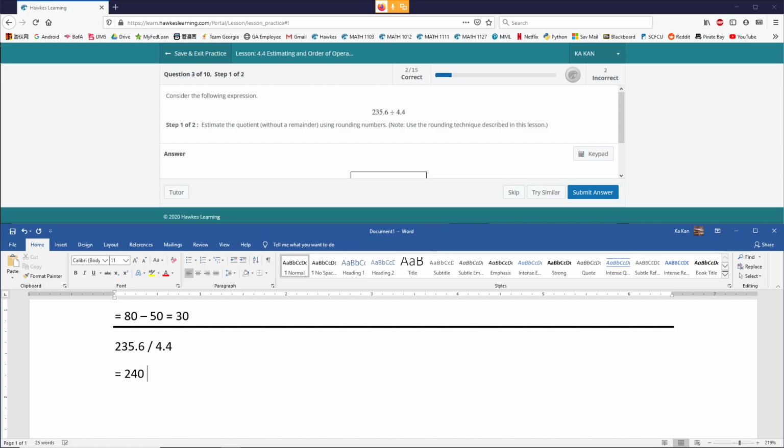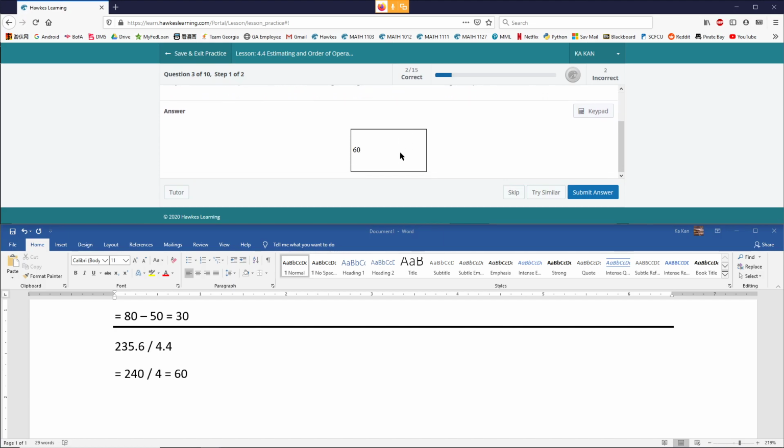It's not a whole lot of difference between them. 4.4 is almost 4, isn't it? So think about it, right? It's a lot easier to divide these two. I can do it in my head. 4 goes into 24 6 times. So that's 60. So this is an easier way to get to the answer.